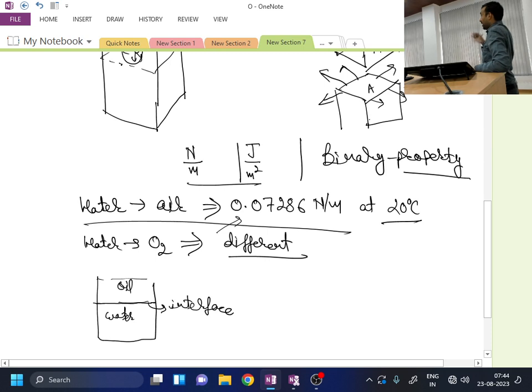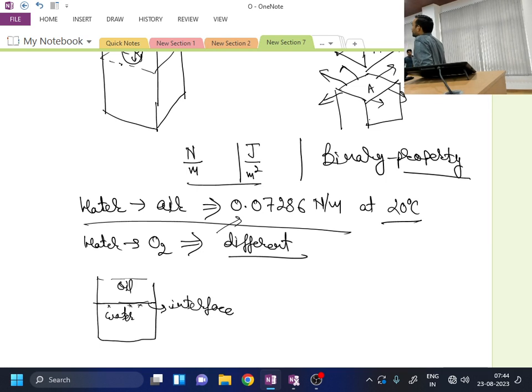Okay. So any molecule which is present at this interface will also be subjected to tension. How? Because any water molecule present at the interface, in the top direction, has to interact with nothing but the surrounding oil molecules. Okay, and the interaction forces from the oil molecule to another water molecule in the downward direction will actually be different.